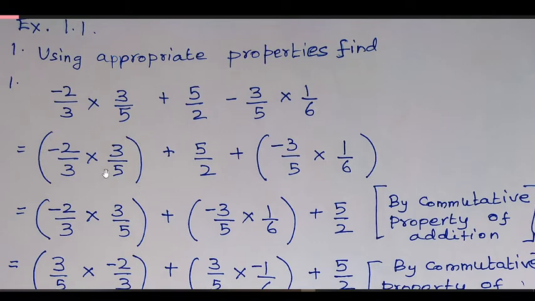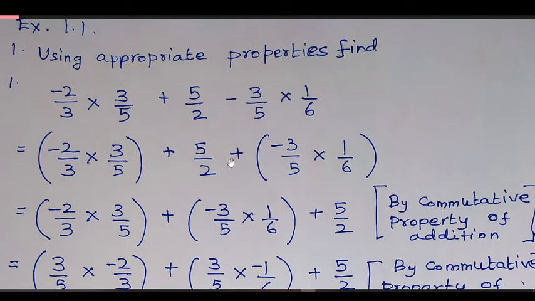This is one term, minus 2 by 3 into 3 by 5. Then you have a plus, then 5 by 2 is one single term. Then this minus here, I just shift that minus to minus 3 by 5, the next term's first multiplier. So this helps this expression to be in plus plus.